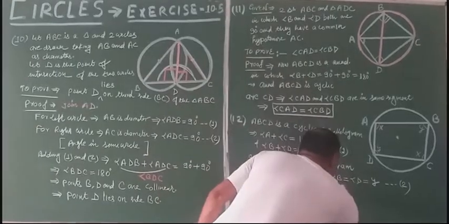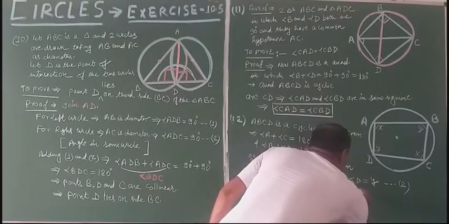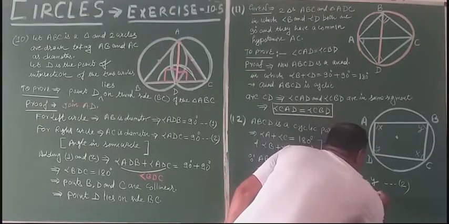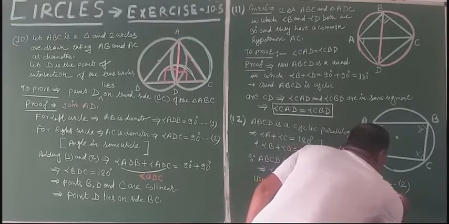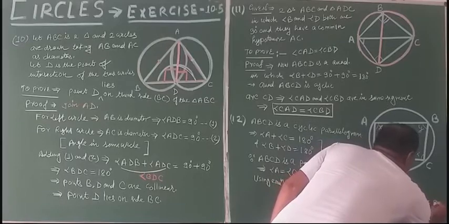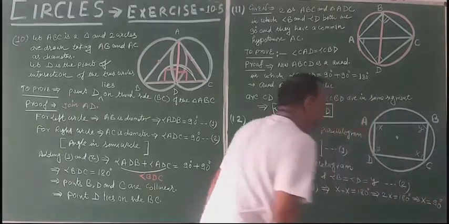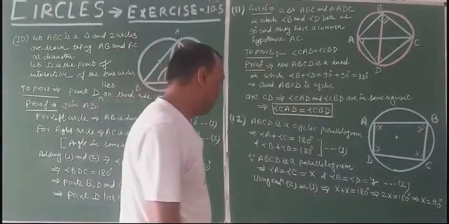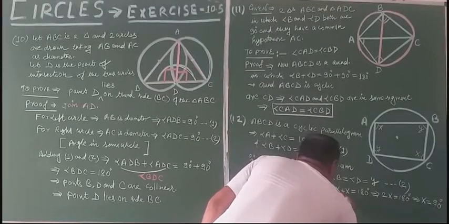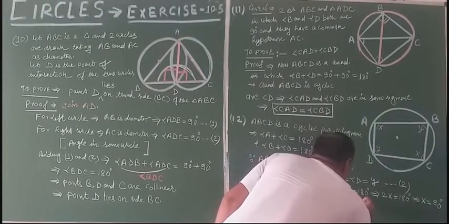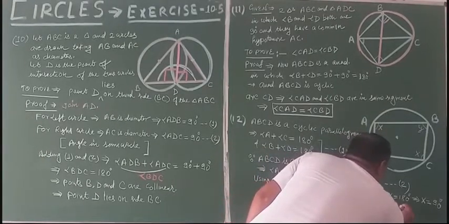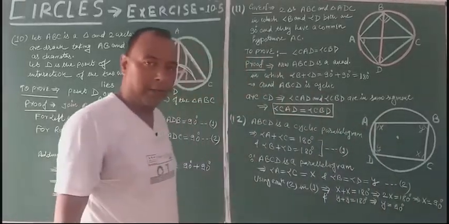X plus X is 180. Okay. 2x is equal to 180. Therefore, x will be 90 degree, and y plus y will also be 180 degree. From here, y is also 90 degree.